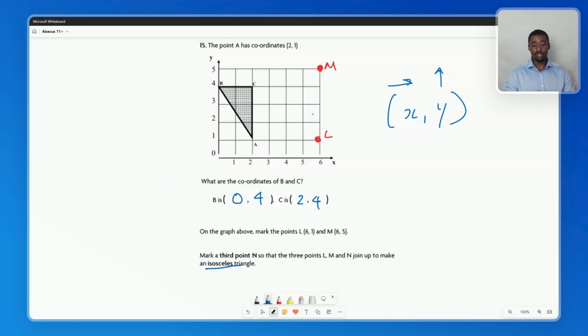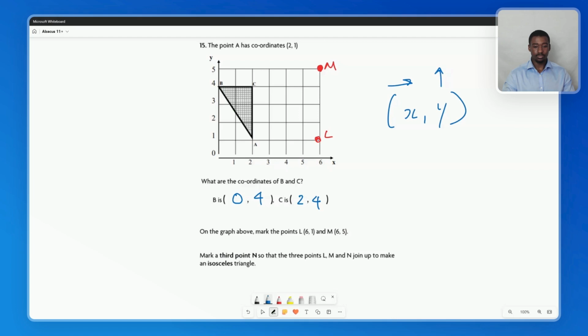But for this question, the main thing we need to understand is an isosceles triangle means we have two sides of equal length. So different from an equilateral where every side is equal, different from scalene, different from right angled, isosceles. So to work this out, we can simply make this triangle such that two sides are of equal length.